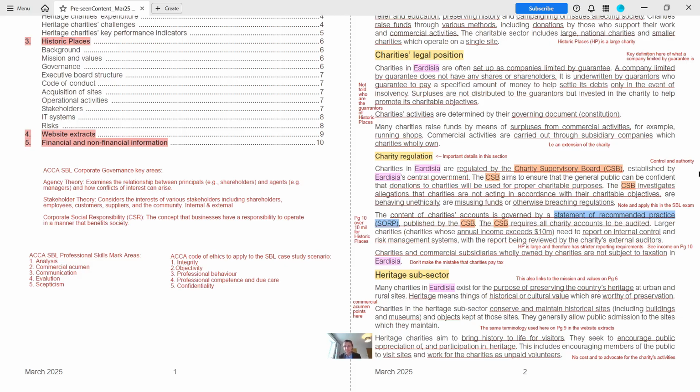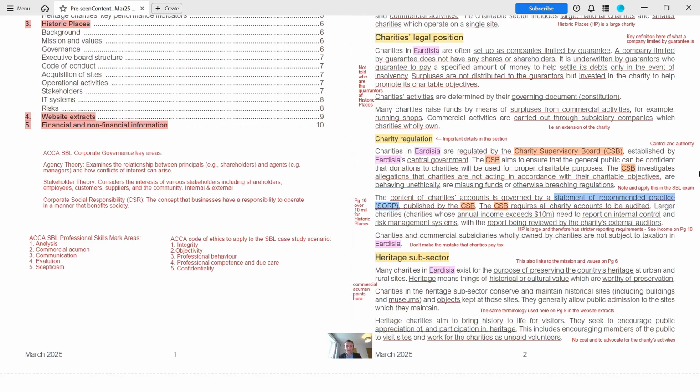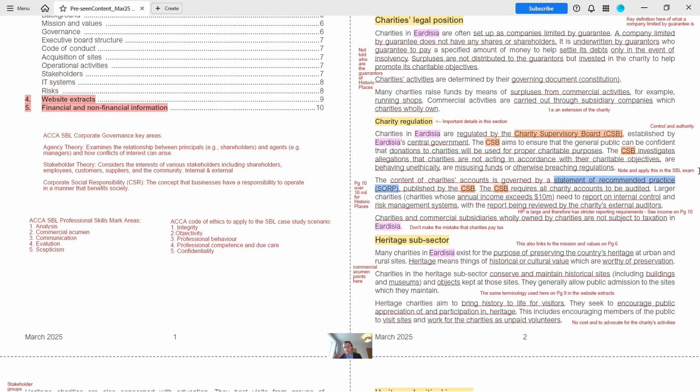They're running shops, and commercial activities are carried out through subsidiary companies which charities wholly own. And this is where, for your notes, it's really important you get down that Historic Places actually is a company limited by guarantee. I know it says charity, but for the terminology they're using in the preceding notes, that is how they are operating. You'll see it later on. There's a couple of other paragraphs to take you through it.